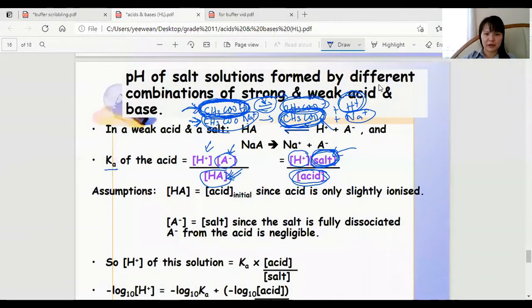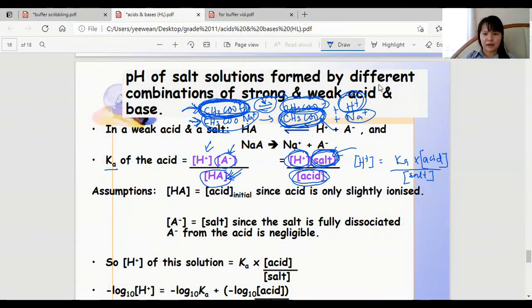So if I turn the equation around, I want the H+. That's to calculate pH, right? So I'm going to bring everything over to the other side. So that's Ka multiplied by the concentration of acid, over the concentration of salt. I brought everything to the other side because I just want the H+ to calculate my pH later.